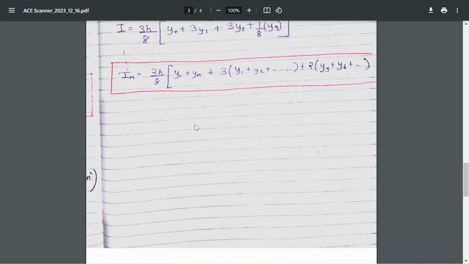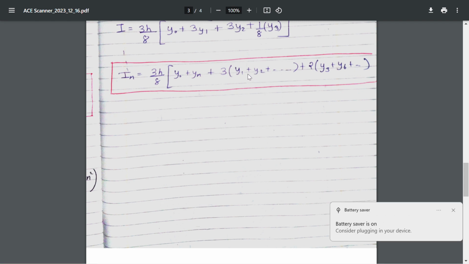And the general formula is I_n equals 3h upon 8 [y0 plus y_n plus 3 into (y1 plus y2 plus ...) and 2 into (y3 plus y6 plus ...)]. Here y3, y6 are the multiple terms of 3 and here are the remaining terms.